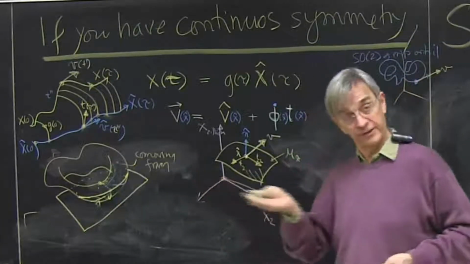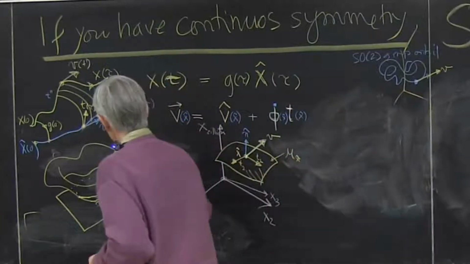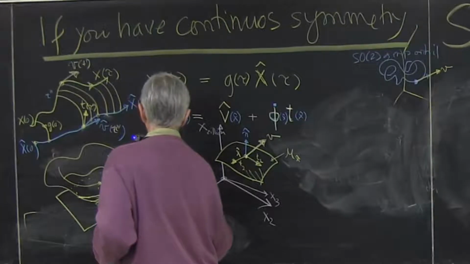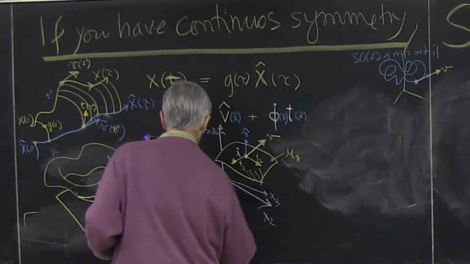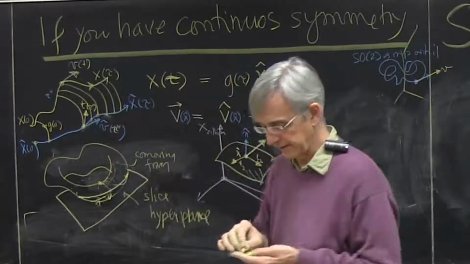So this cut, which I'll call a slice, this will be called a slice hyperplane. And I have to be careful about language. This is a slice hyperplane. This is not a slice. I'll define a slice in a moment.